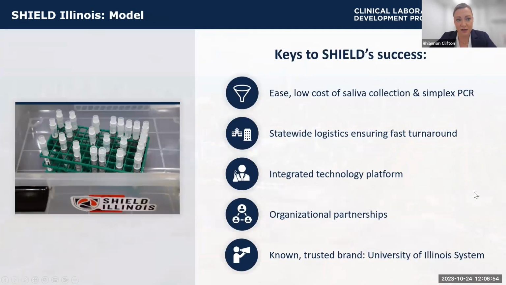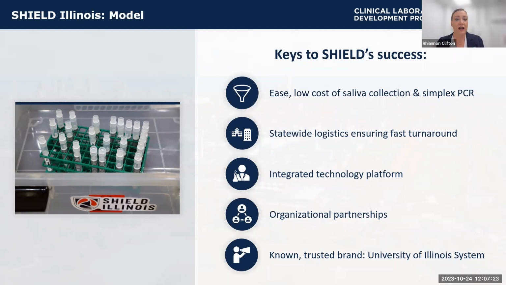So at Shield, we started from zero, one person who was voluntold to help lead this, and scaled very quickly due to several keys to success. Originally, we had thought that a sort of lab in a box model would work, and we could ship the equipment, consumables, SOPs, everything necessary to process this new and novel test, and quickly realized that that was not the case.